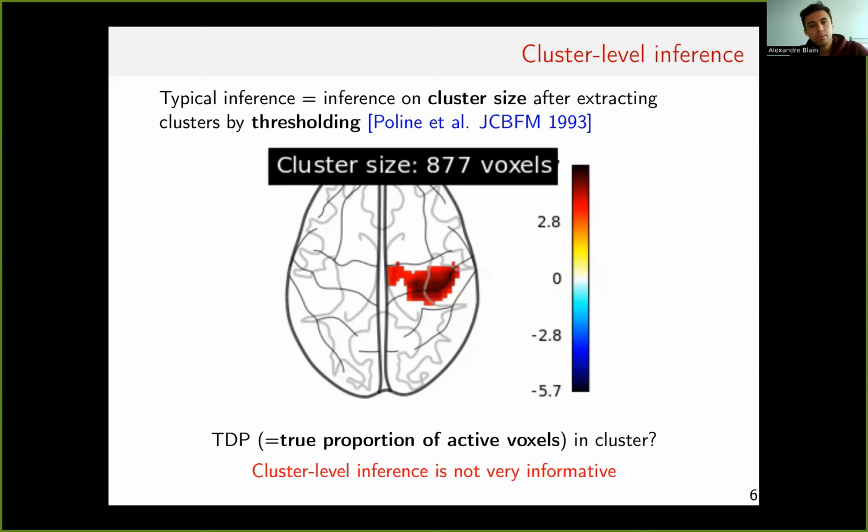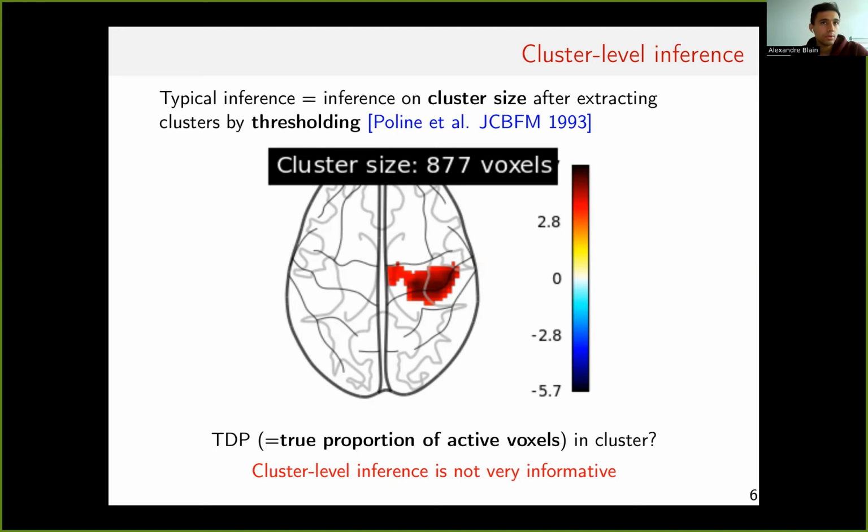So the problem with this type of inference is that when you think about it in terms of statistical guarantees, which is what we are trying to do here, you are really not saying much, in the sense that the guarantee that you're getting is that there is at least one voxel that is truly active in your cluster with high probability.